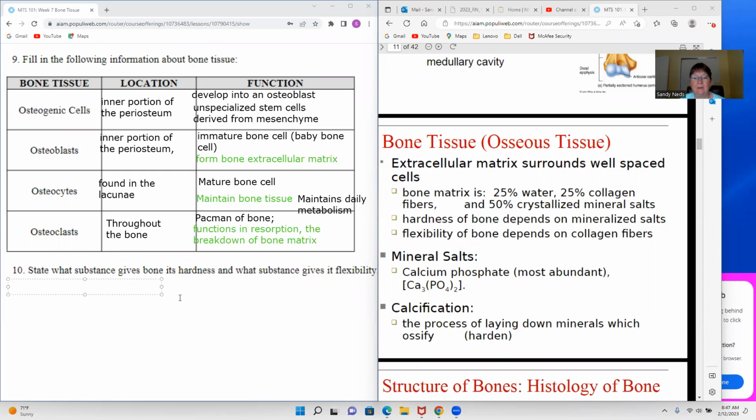This slide says, what substances give bone its hardness? The hardness comes from calcium phosphate, which is one form of crystallized mineral salts.